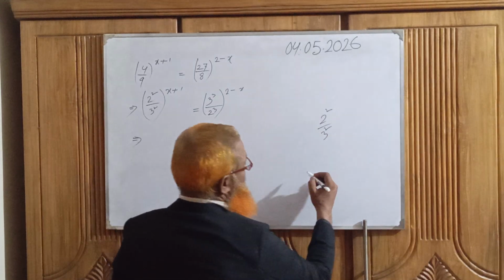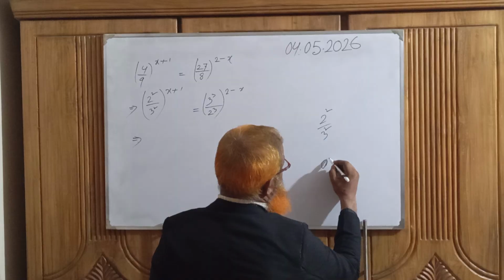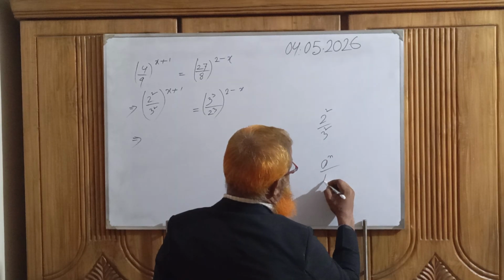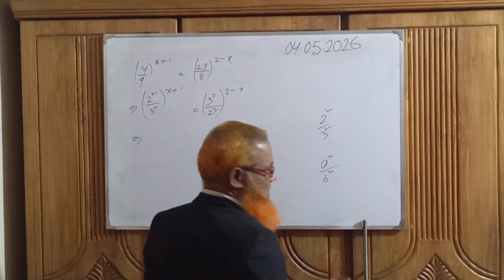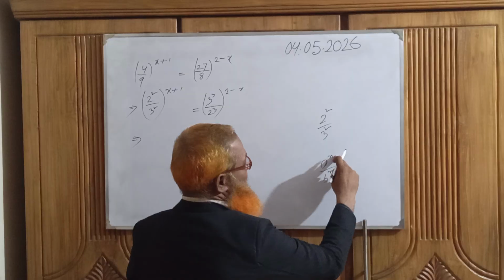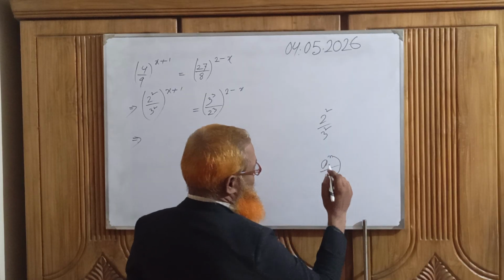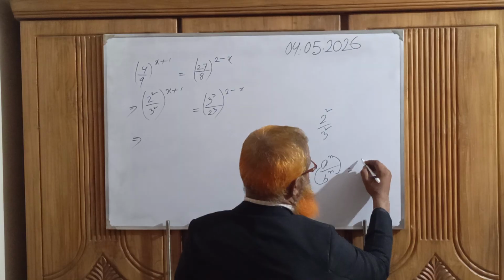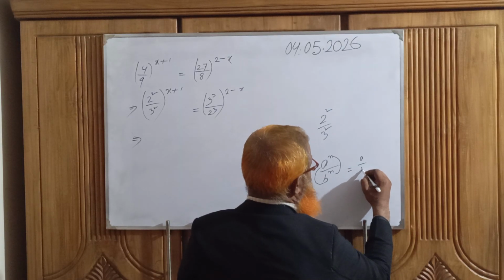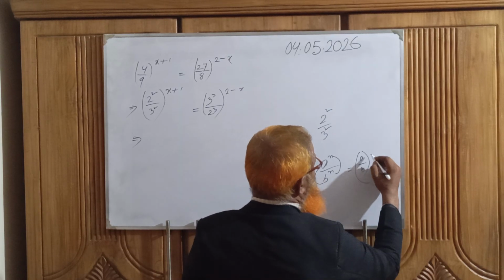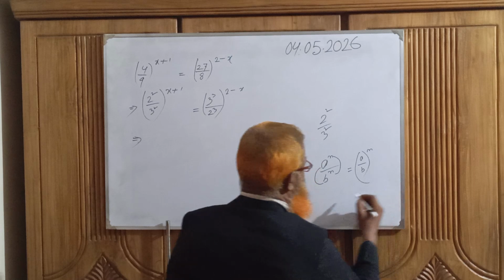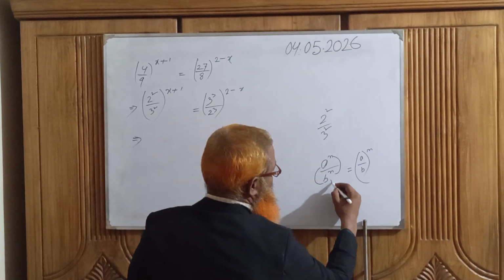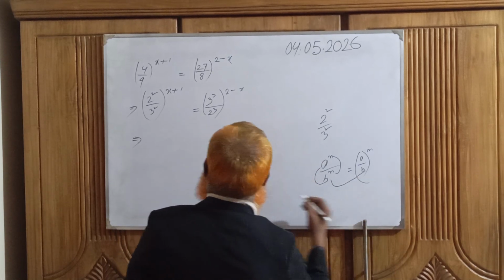So the rule is a power n by b power n: here the power is the same but the base is different, so we should write (a by b) bracket power n. It transfers to it.